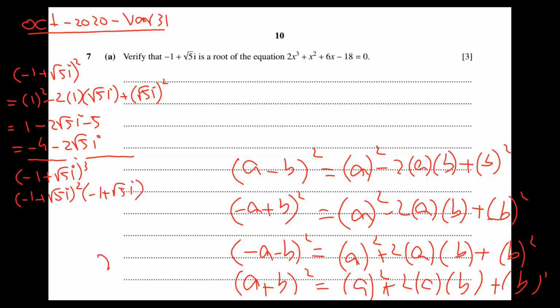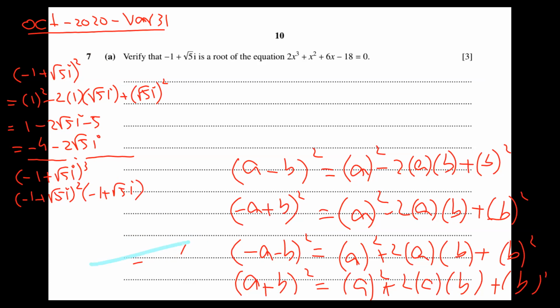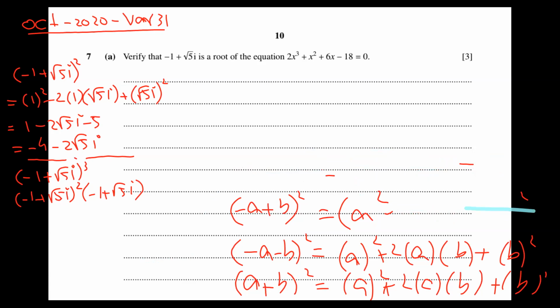Repeat: like x cubed means x squared into x. Same criteria. This is x cubed, this is x squared, and this is simple x. This answer I just expanded, and this whole value will come in its place. So I'm going to copy it, and have a look now at how I can do it.